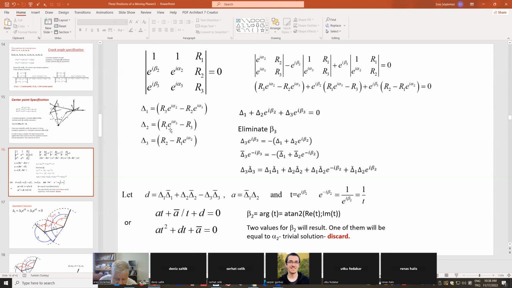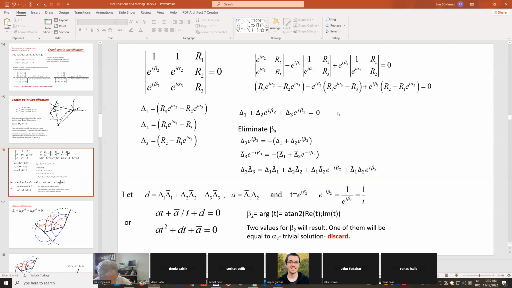Alpha 2, alpha 3 are known, so all these terms are known. Delta 1, delta 2, delta 3 are known. What is unknown is beta 2, beta 3. I have a complex equation in the following form: delta 1 plus delta 2 e to the i beta 2 plus delta 3 e to the i beta 3 is equal to 0.